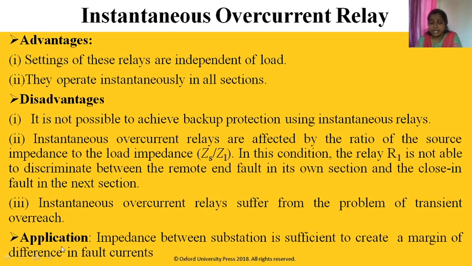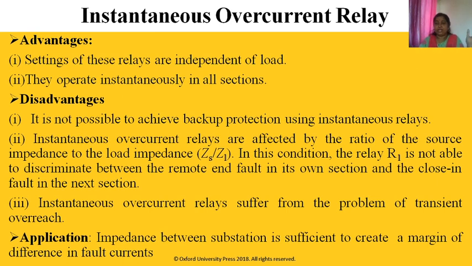So where is it used? What is the application of this relay? The impedance between substations is sufficient to create a margin of difference in the fault current. So we use the current graded scheme where the impedance is sufficient to create a difference between substations, where two substations are located far from each other, so that there is a sufficient difference between a fault at the source end and a fault at the far end.